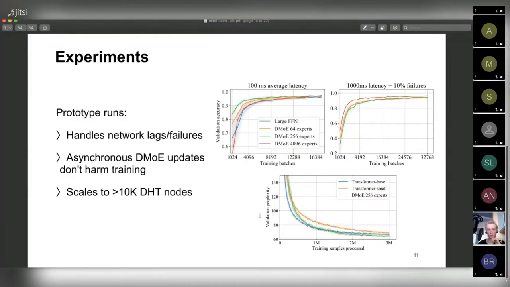Some setups, like simply using Hogwild or other parameter server approaches, might suffer from this, but not mixtures of experts, because the subsets of experts used for all inputs are slightly different at each step. And on the bottom figure, you see that we actually managed to achieve higher training quality and higher validation perplexity when training a large language model on the Wikitext dataset using this distributed mixture of experts.